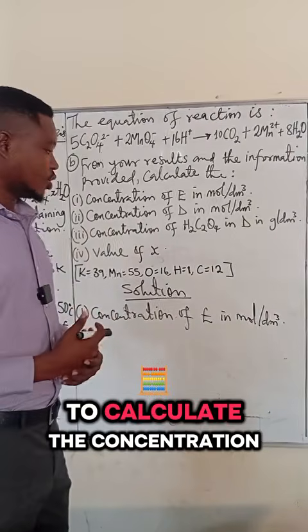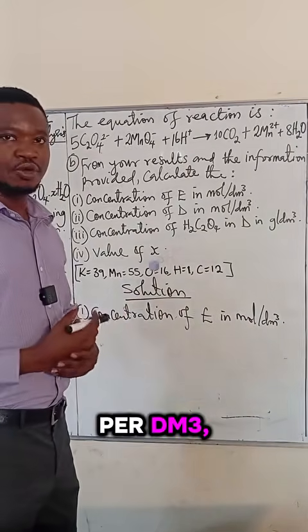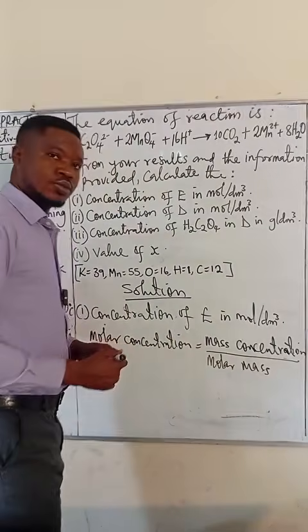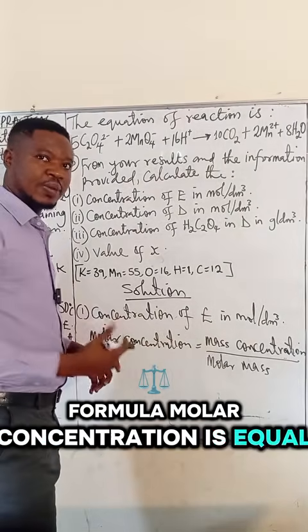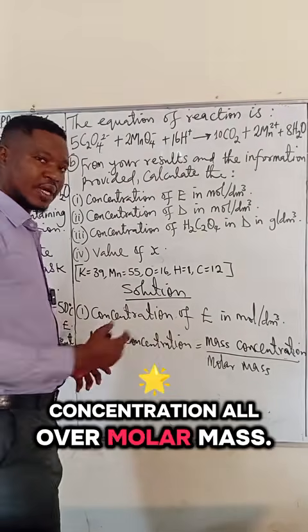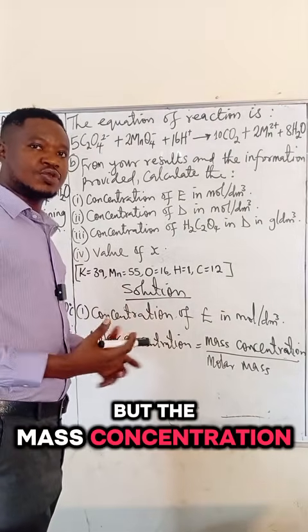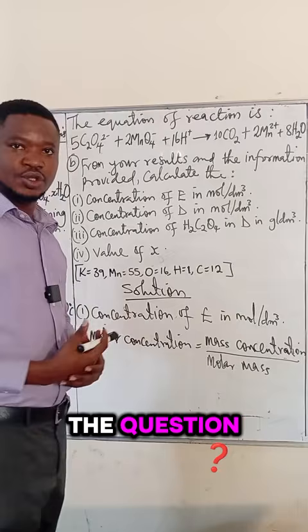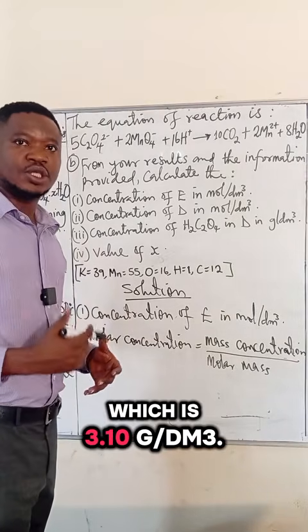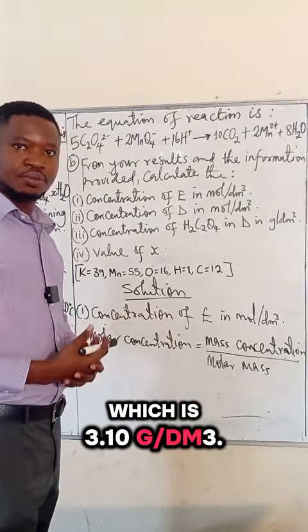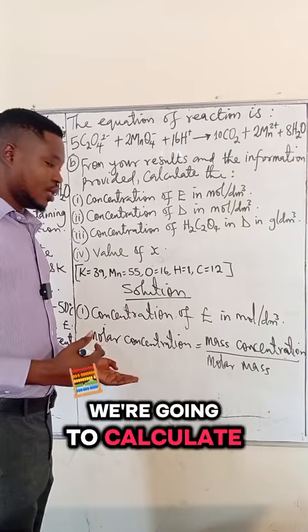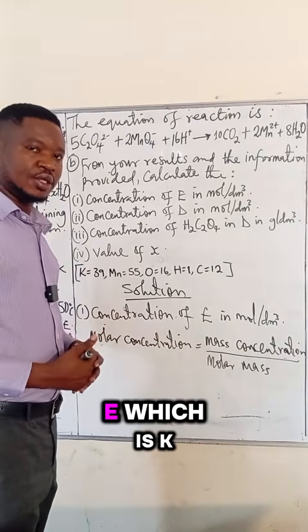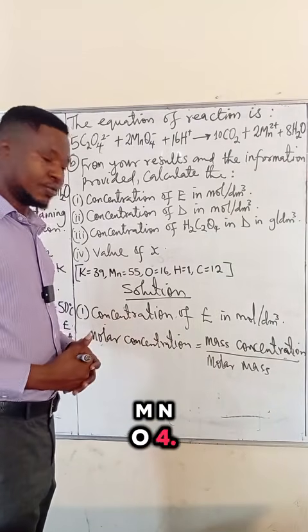To calculate the concentration of E in mole per dm cube, we'll be using the formula molar concentration is equal to mass concentration all over molar mass. But the mass concentration was given to us in the question, which is 3.10 gram per dm cube. We're going to calculate the molar mass of E, which is KMnO4.